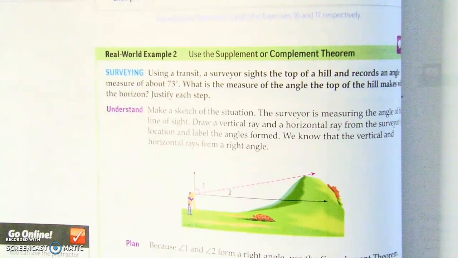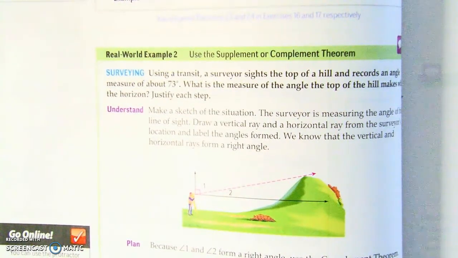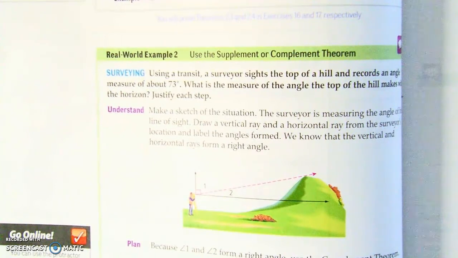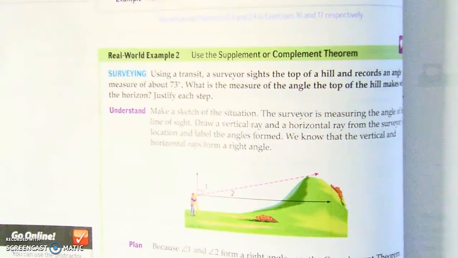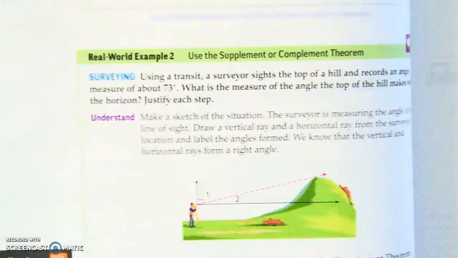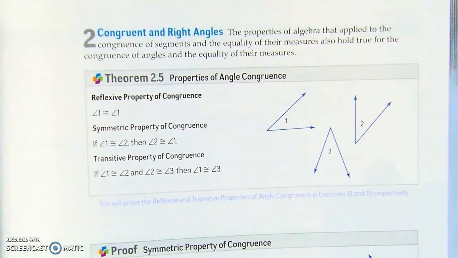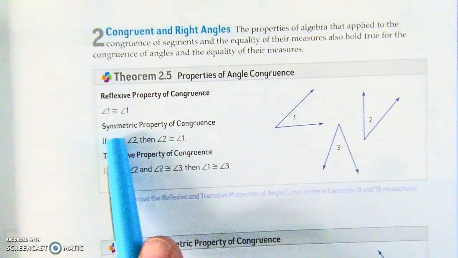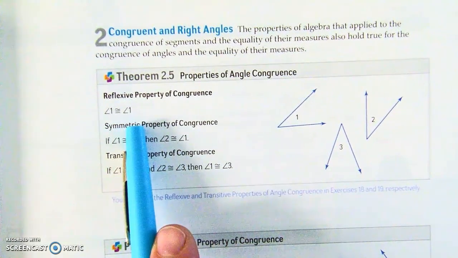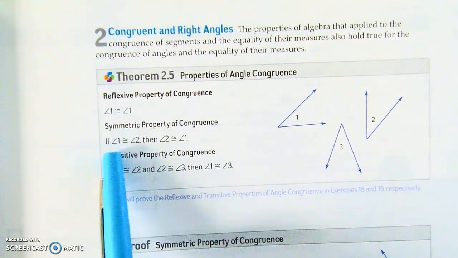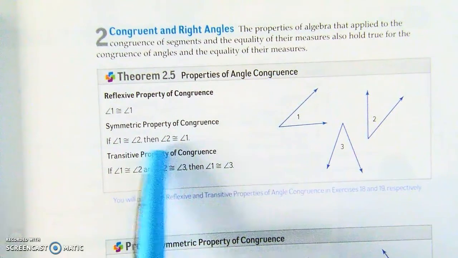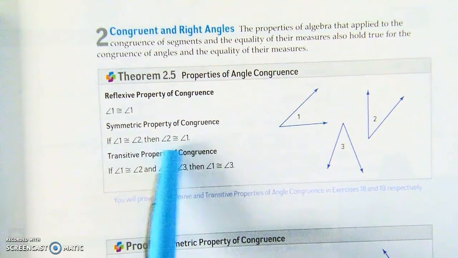But before I do that, I'm looking here at some theorems. So we want to look at theorems some more. Same scenario. I'm going to this one where we're talking about the symmetric property, again, same angle equals itself. If you have a symmetric, that means we swap spots. So angle 1 to angle 2, and then angle 2 to angle 1.